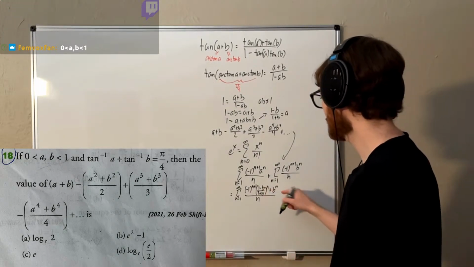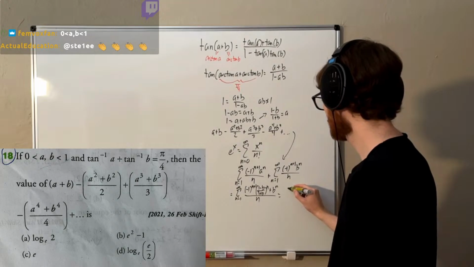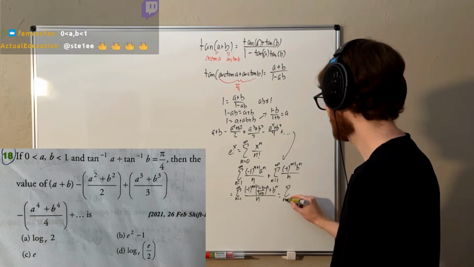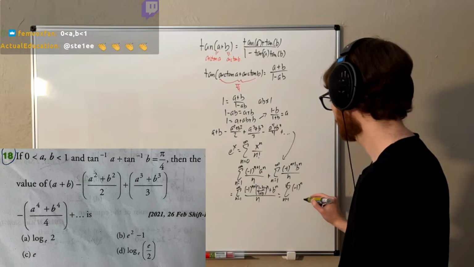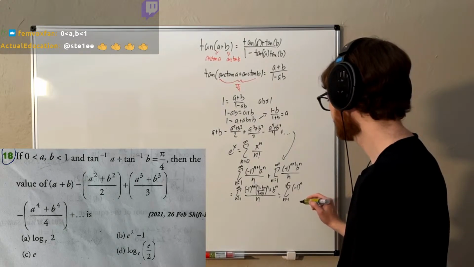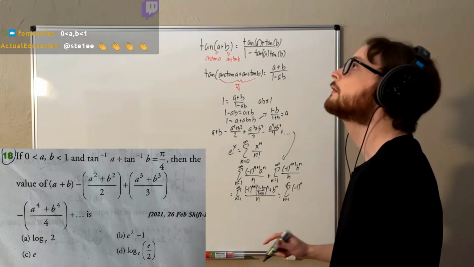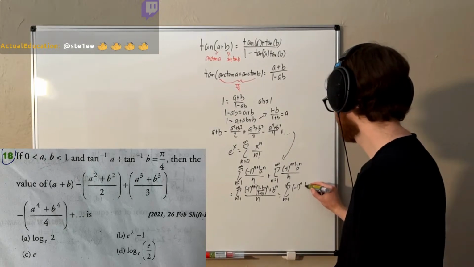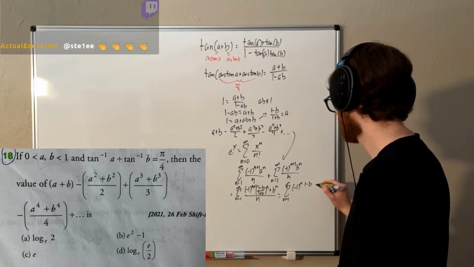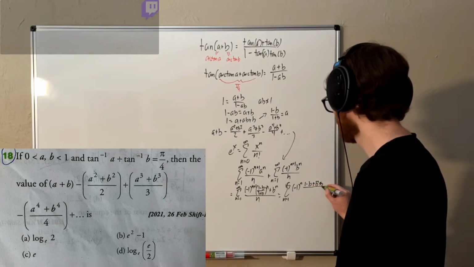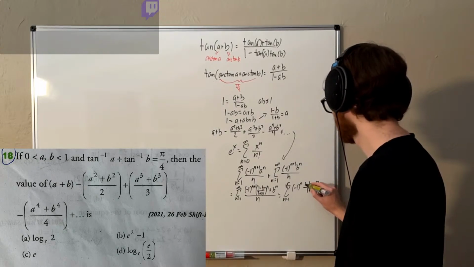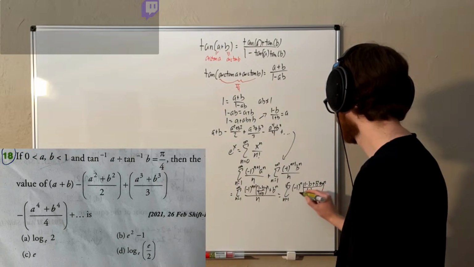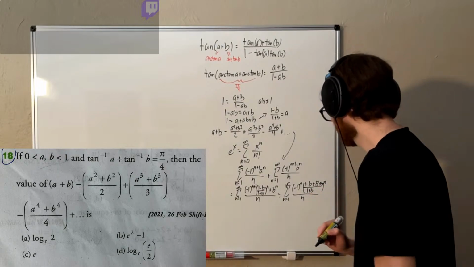Common denominator. B to the n times 1 plus B to the n, over n, right?